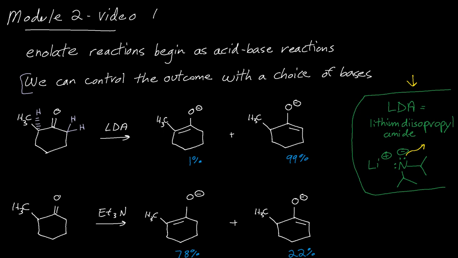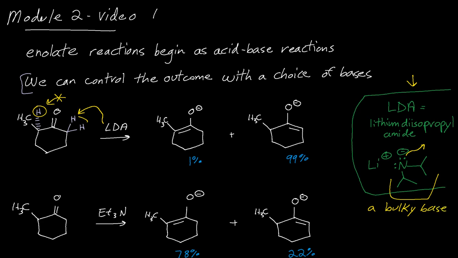So this LDA base can remove either of these two protons here, but it cannot remove this one. And the reason for that is the bulkiness, as we call it. So this is a bulky base.